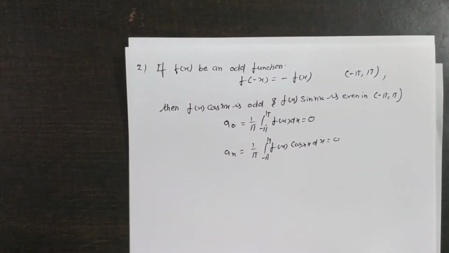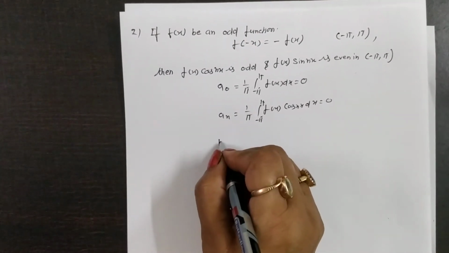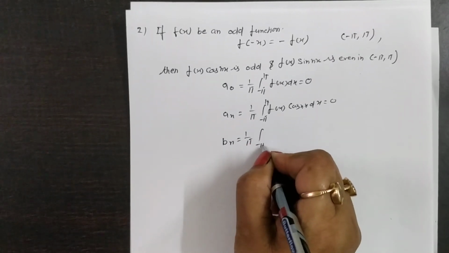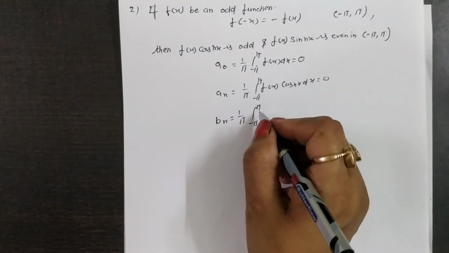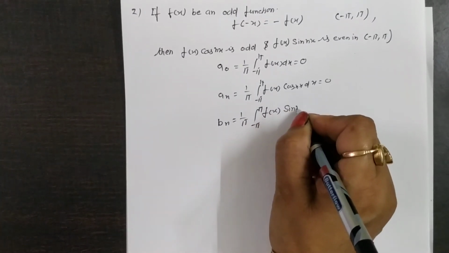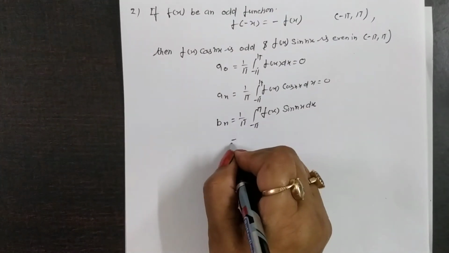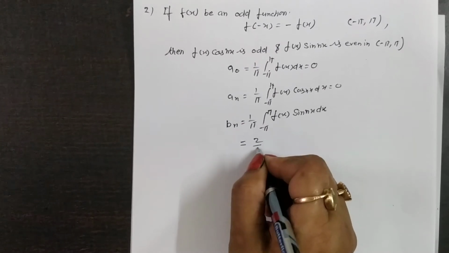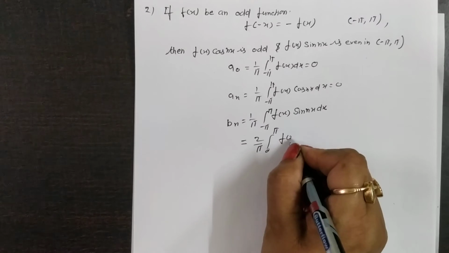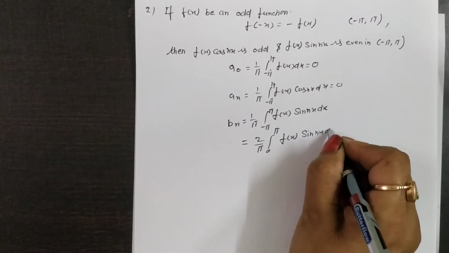You get only the bn term, and bn is equal to 1 by pi, integral minus pi to pi, f of x sin nx dx, which is 2 by pi, integral 0 to pi, f of x sin nx dx.